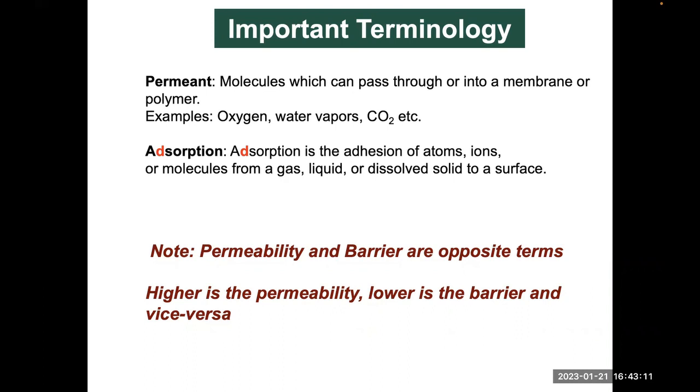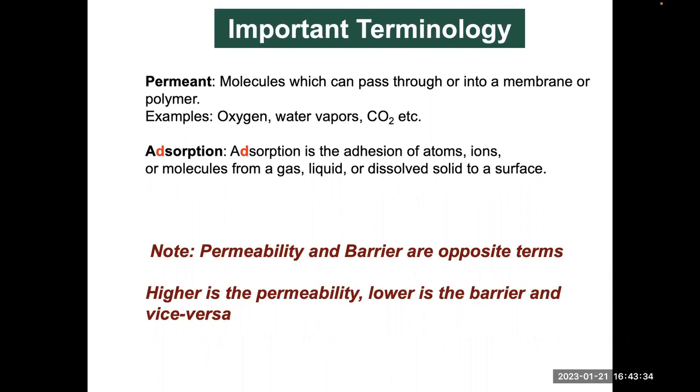Also, I would like to point out here, you can see in the slide, permeability and barrier. Now, permeability and barrier are opposite terms. Higher the permeability, lower is the barrier performance of a material. Sometimes students get confused between the two.